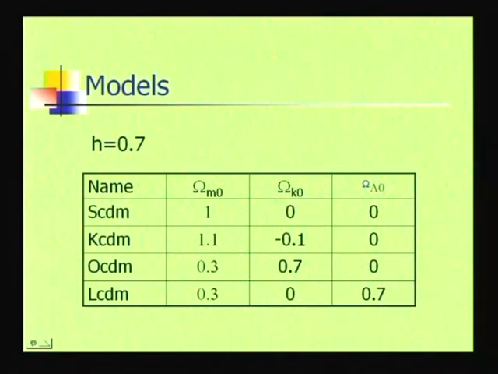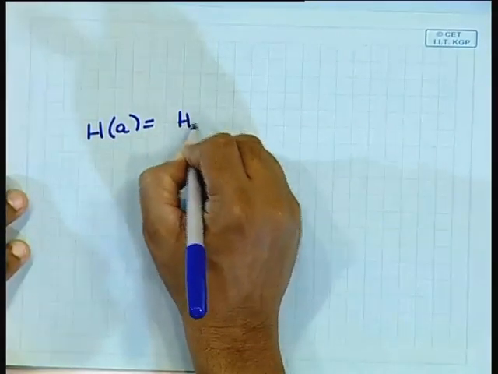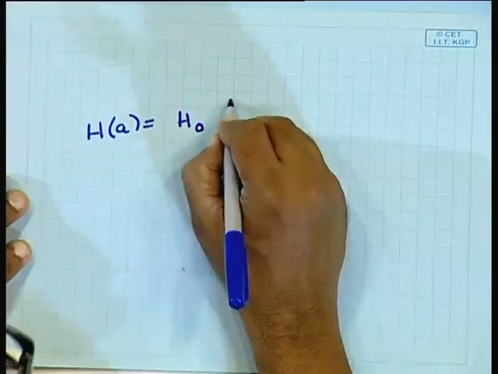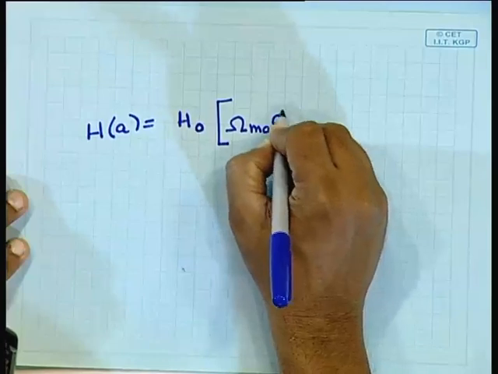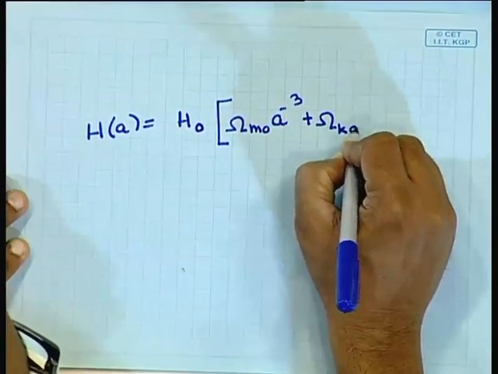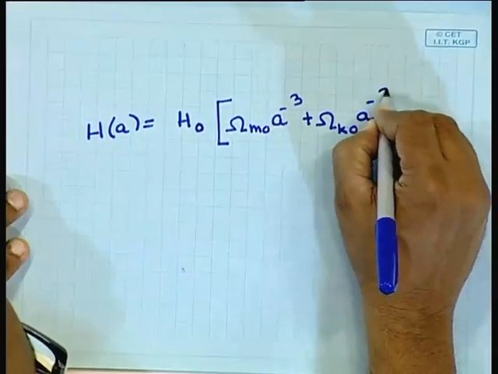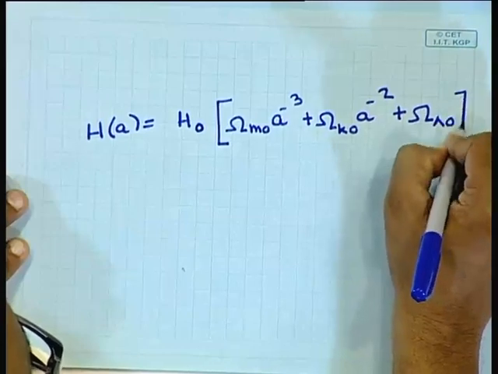So, H as a function of a is H naught times the square root of omega matter naught a to the minus 3 plus omega curvature naught a to the minus 2 plus omega lambda naught.